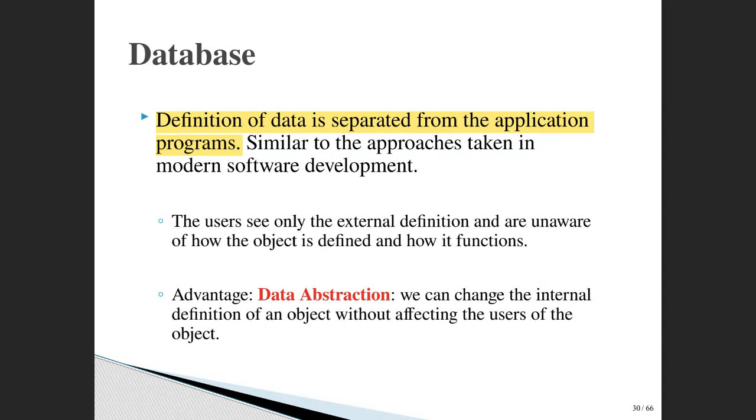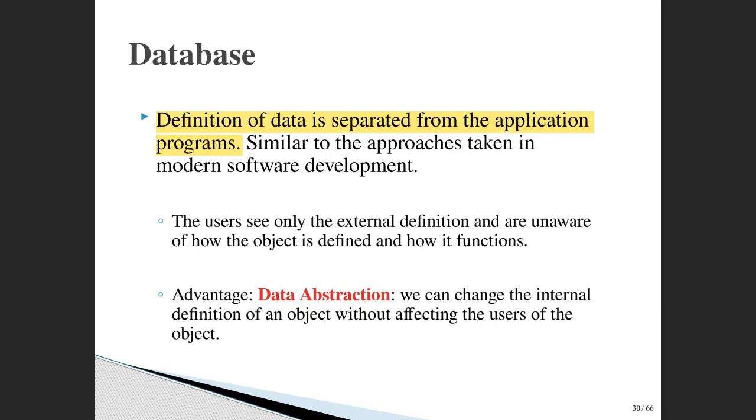You are not aware, right? Because when anyone changes something internally, it will not be shown or displayed in the external view. So this is the meaning of the data abstraction. Any change in the internal definition will not affect the user or the external definition.